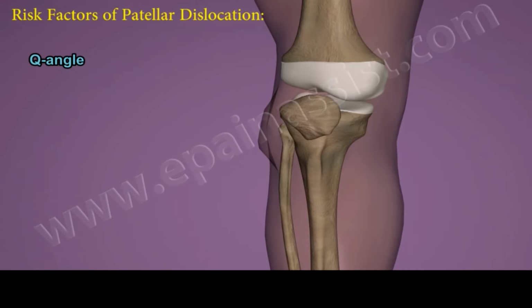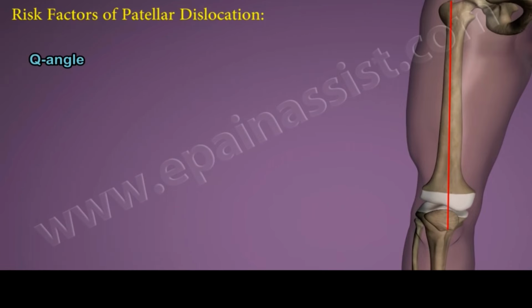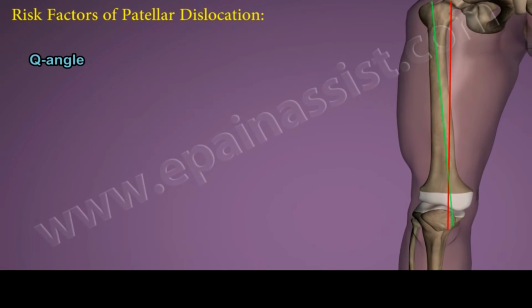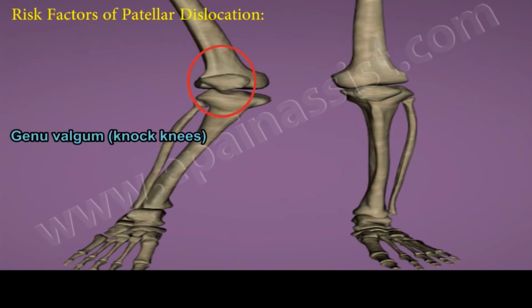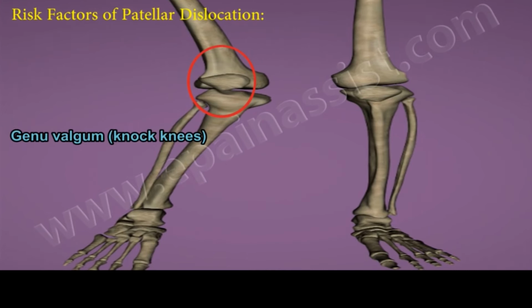Q angle. Q angle is the angle between the femur or thigh and the tibia or lower leg. Genu valgus. Genu valgus is an anatomical abnormality of the knee joint caused by increased Q angle.